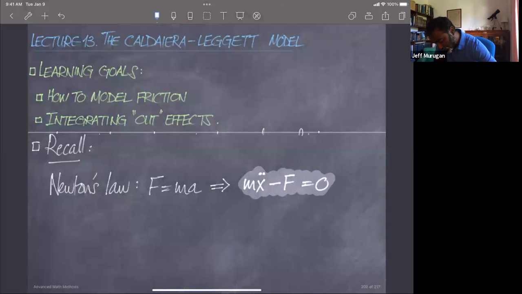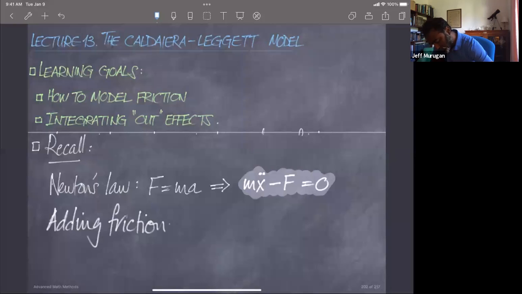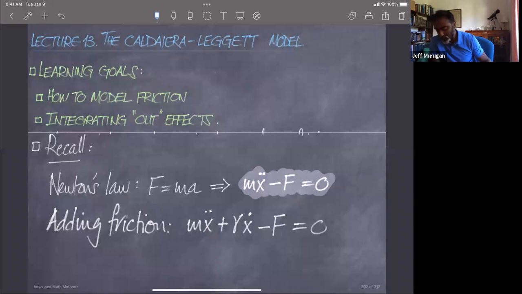If I add friction to this problem, so if I add friction, I get an equation that looks like m x double dot, that's the acceleration term, plus something proportional to, let's call it gamma, x dot, minus this f equals zero.